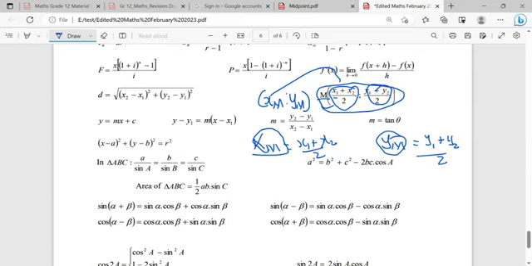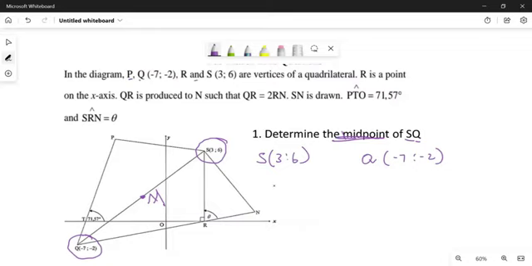If we use that formula here, x of the midpoint is given by x1 plus x2 divided by 2, and y of the midpoint is given by y1 plus y2 divided by 2. Now the question is, what is x1, what is x2?